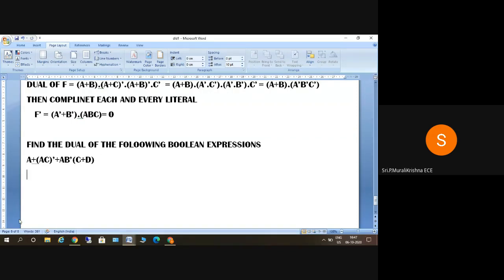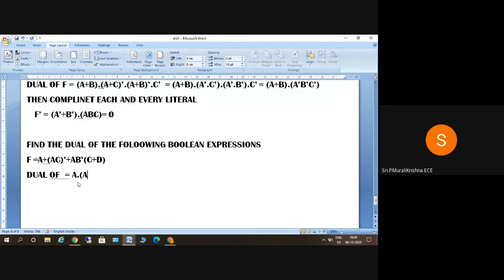So actual dual is a simple thing. So if I consider this as F here, dual of F is equal to. So this is dual. Complement and complement dual, but dual is just change plus to dot and dot to plus. A bar. Sorry.